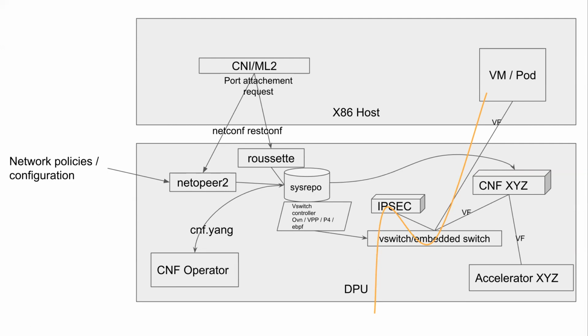Because I see here that CNF is going to talk to a specific accelerator XYZ. So if the accelerator is implemented in another way, CNF XYZ would be different on NVIDIA, Marvell, AMD Pensando, and others, correct?